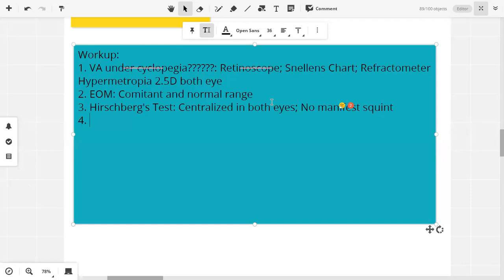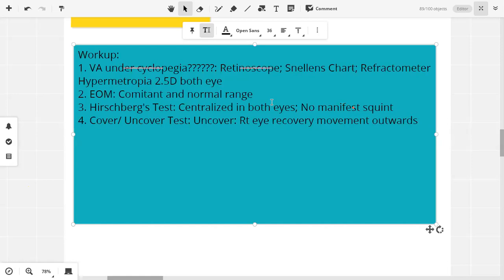Cover and uncover. You would like to perform a cover uncover test. Cover uncover has two parts, right? After you cover the eye, you also uncover it. So when you perform the uncover test on the right eye, there's a recovery movement outwards.